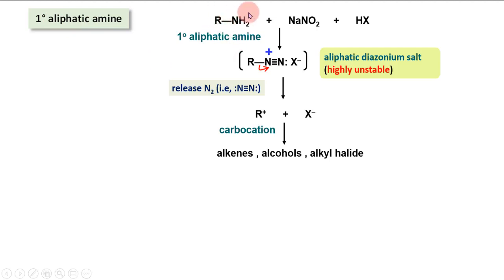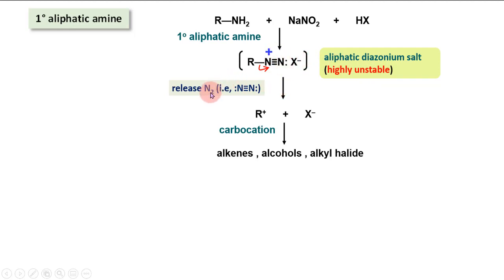So you can see this is a general formula for your primary aliphatic amine where we react with nitrous acid in situ. We are first forming this aliphatic diazonium salt, which is highly unstable. Because it is very unstable, it will then break down to release nitrogen gas.